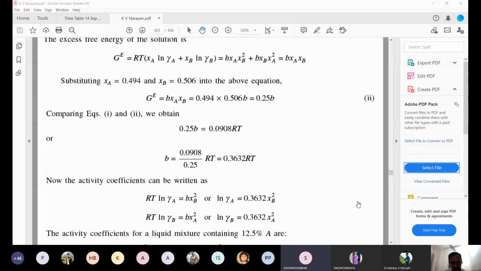Yes sir, understood. yi into P is nothing but partial pressure of component i. Okay, so we can find out P1, or partial pressure of component 1, plus partial pressure of component 2 also, because we know gamma for both, and we know xA and xB, and we know PAS and PBS. So let's find out partial pressure of component A and partial pressure of component B, and if you add those two, that should give us total pressure.